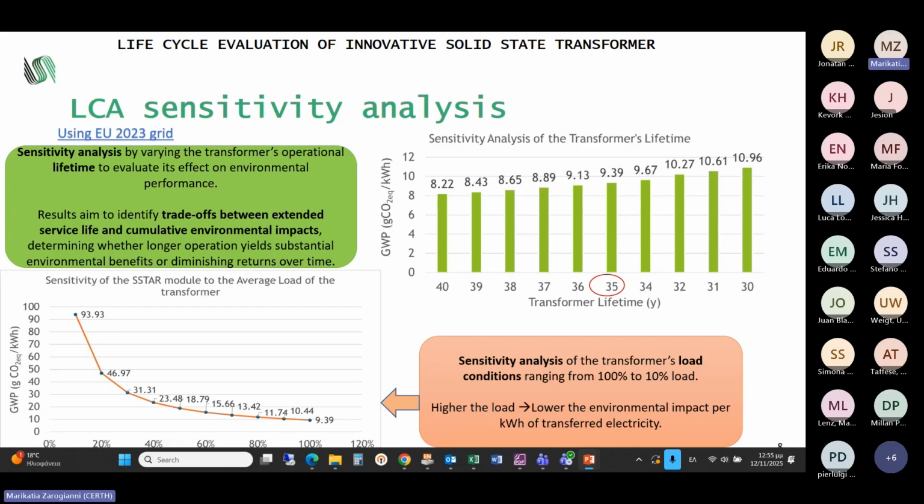As you can observe, the higher the load, the lower the environmental impact per kilowatt-hour of transferred electricity. This approach provides us an understanding of the transformer performance across different operating conditions.